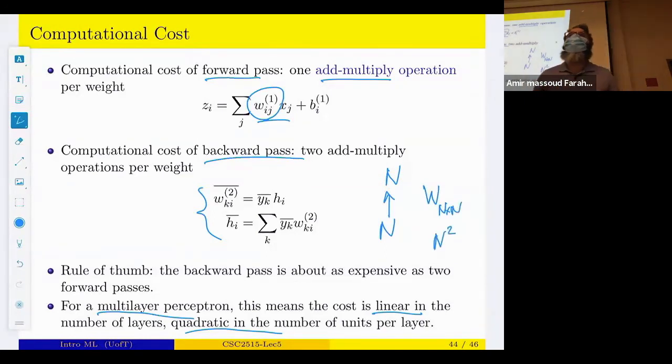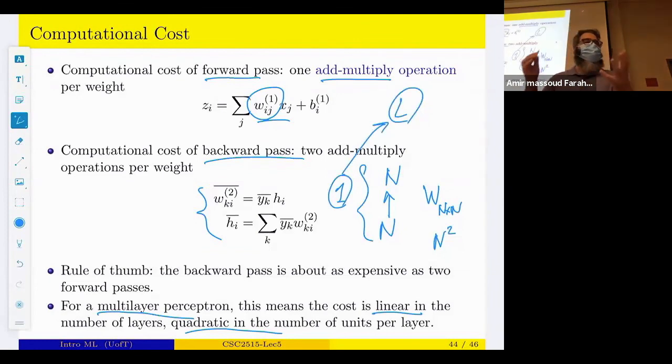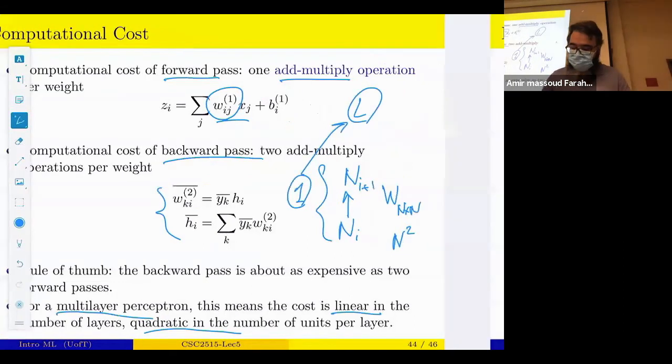That's the quadratic part. And if this is one layer, and you make it multiple layers with the same size n, you just multiply by the number of layers. Of course, in practice, this would be n of layer i and n of layer i plus 1, so they may be a bit different, but this gives the order of the amount.